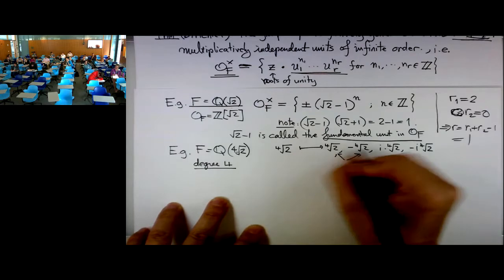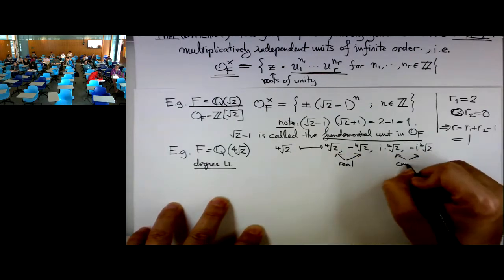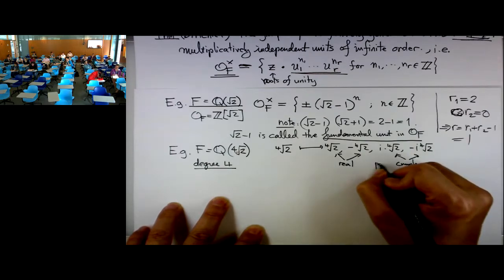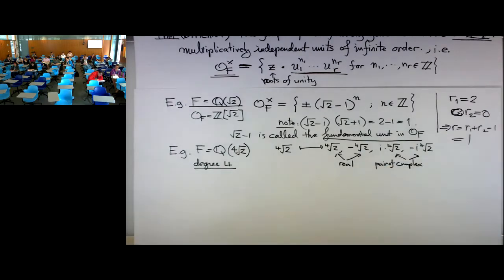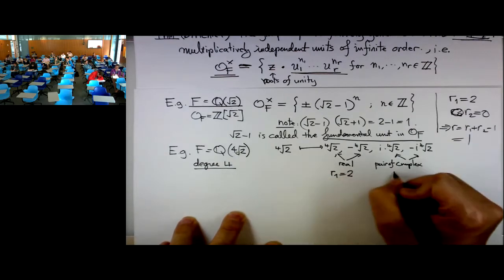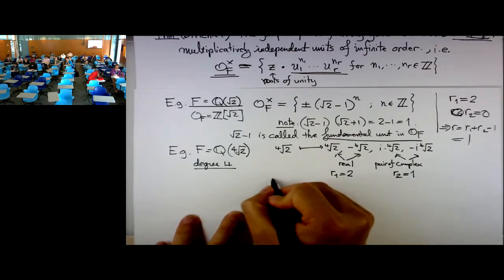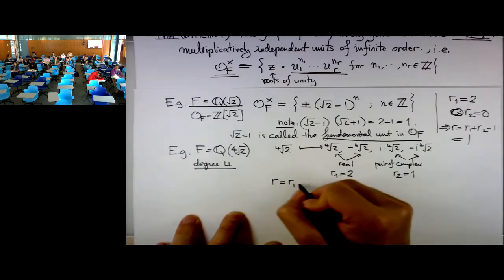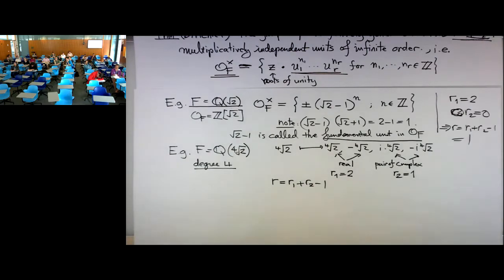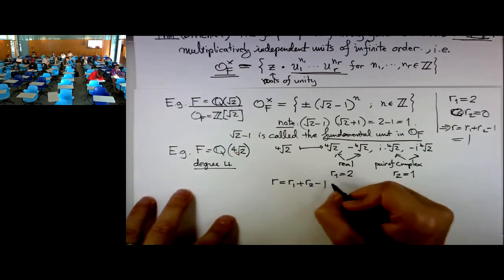The first two are real embeddings, and the other two are a complex pair. So there are two real embeddings and one pair of complex embeddings. Then you should expect r to be equal to r_1 plus r_2 minus 1, which in my case is going to be 2.